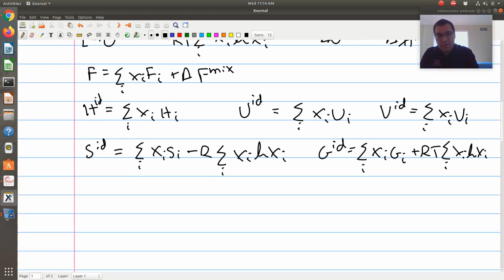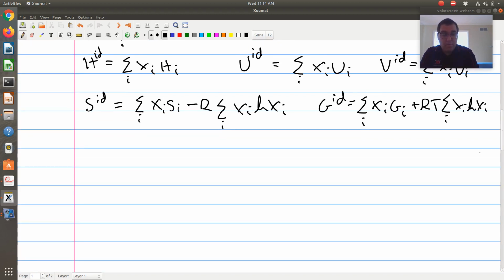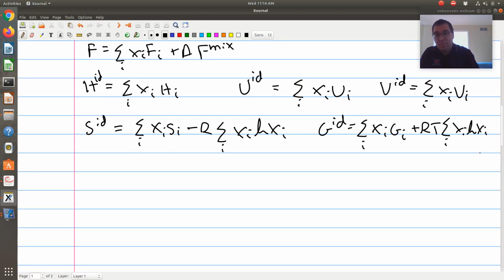And now in the last part, let's get our expressions for partial molar properties in an ideal solution. What we leverage here is that F could also be written as the sum over i of x_i f bar i. These two expressions are equivalent and must be consistent with each other.